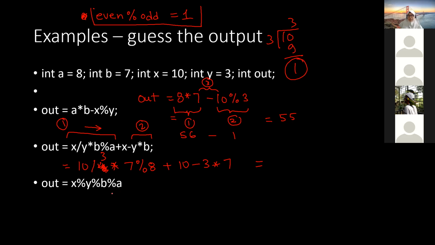Yes, 3. Why? Because 10 divided by 3 is 3.3333, so take the integer value and discard the decimal. So these two give 3. 3 times 7 is 21.